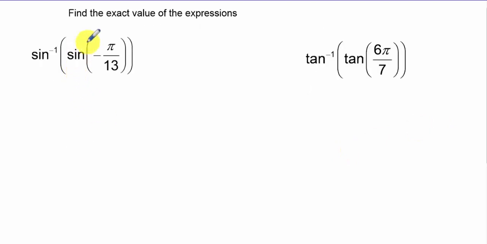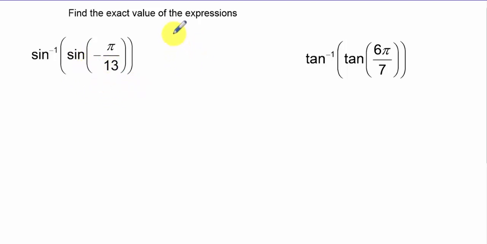Again, we want to find the exact value of the expressions. Now, this is a totally different setup. You'll notice they're asking you for a sine of pi over 13 of the negative type, and I have no idea where that is.